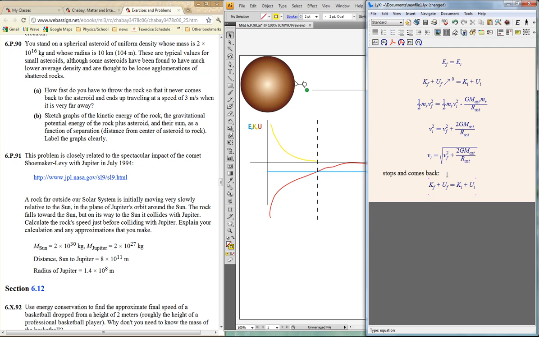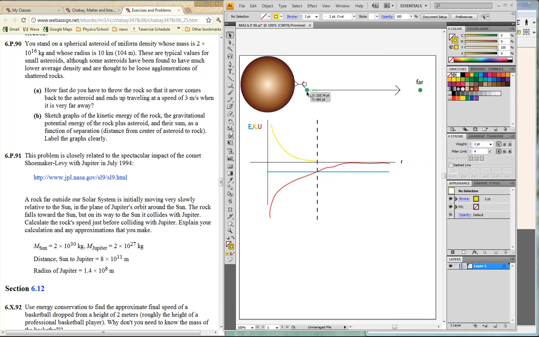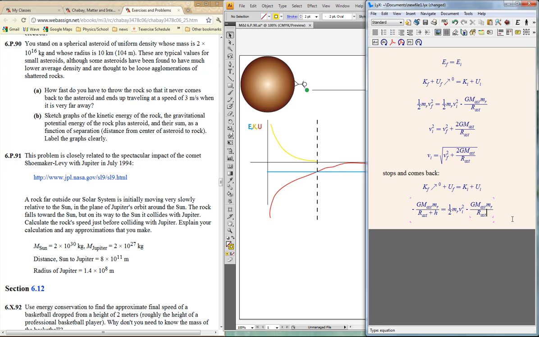If it stops, let's say that's the final state, that kinetic term would end up being 0. So then we would have to write out each of the terms. We could say radius plus whatever height it goes to, where h would be whatever height above the surface of the asteroid we get to. Okay, and again, the mass of the rock cancels out. Given some initial velocity, we could figure out how high it goes.